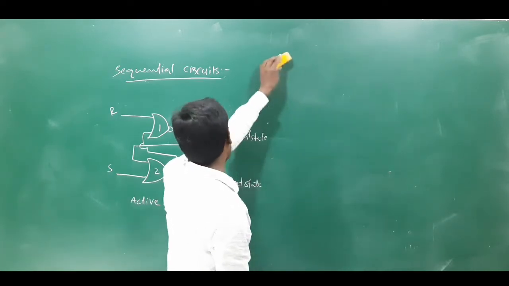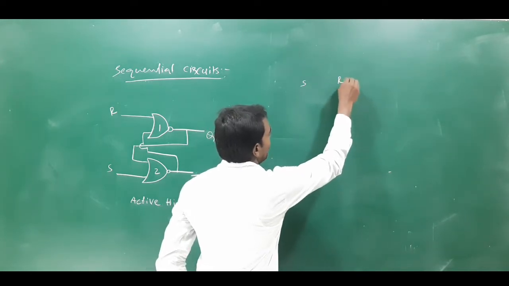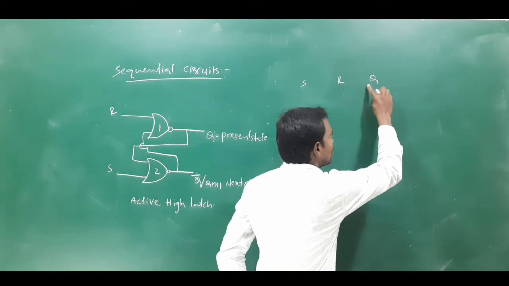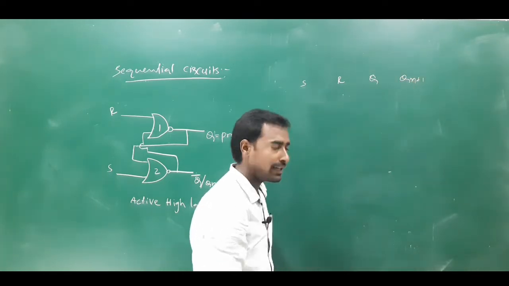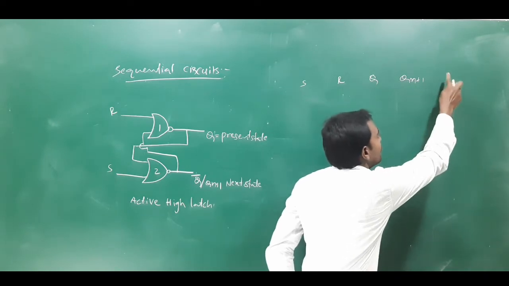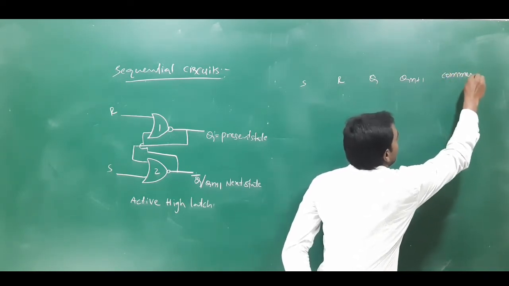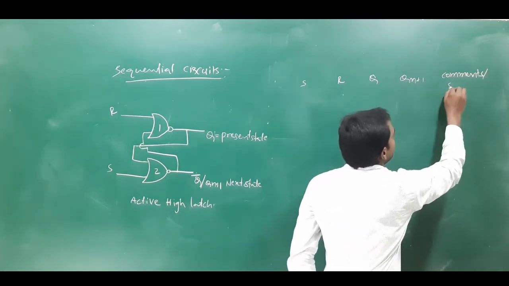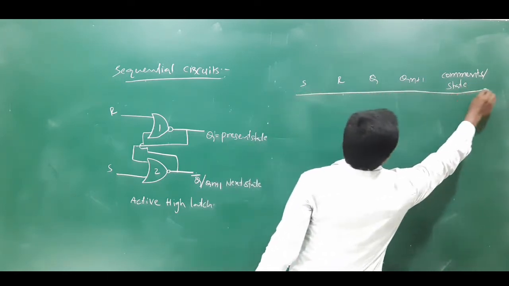So here I am having the two inputs, S and R, and the Q present state output, and the Qn plus 1 next state output, and here we are getting the comments, which will be treated as state. So this is the truth table.